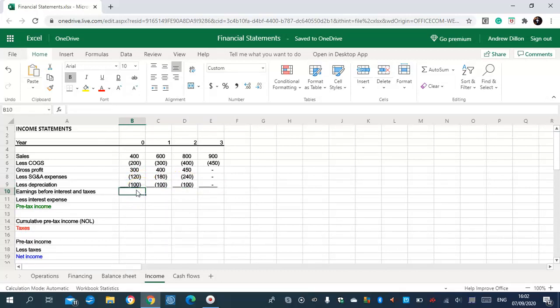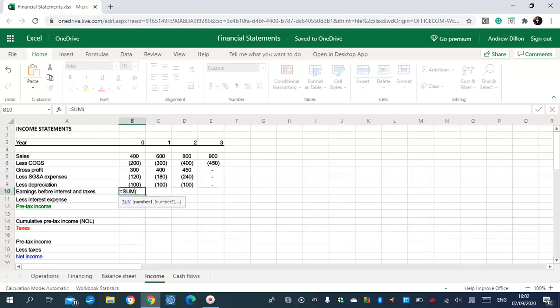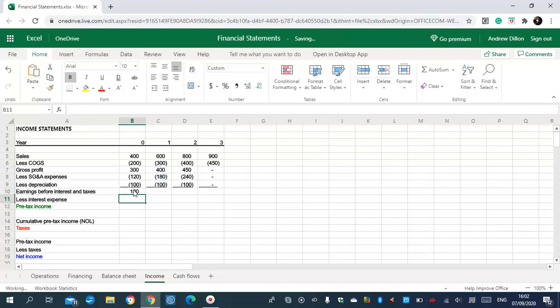Earnings before interest and taxes. Okay, next one is the less interest expense.